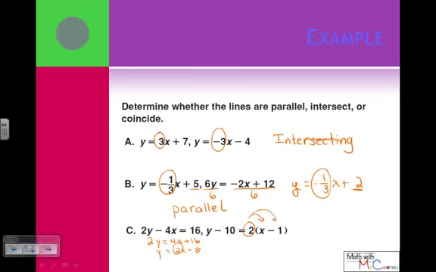I would distribute the 2, and I would get y minus 10 equals 2x minus 2. Then add 10 to both sides, and that would give me y equals 2x plus 8. So we find that they have the same slope and the same y-intercept. So these lines are actually coinciding. And there you have it.